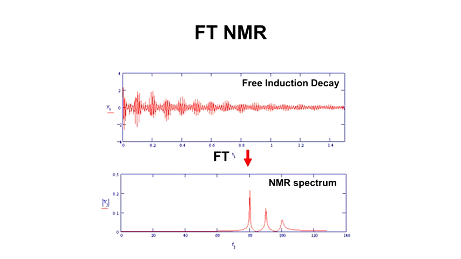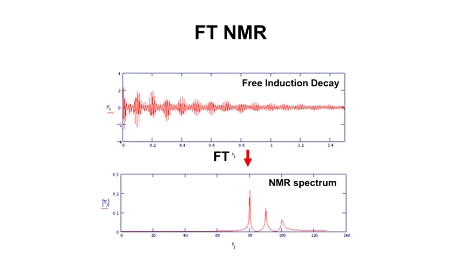Anyways, what you'll see typically with an NMR signal, if it's excited and if there's a sample inside, is you'll see a decaying oscillation. Just like if you ring a bell or a bunch of bells, they'll diminish over time in terms of their intensity. You can take that signal and Fourier transform it.